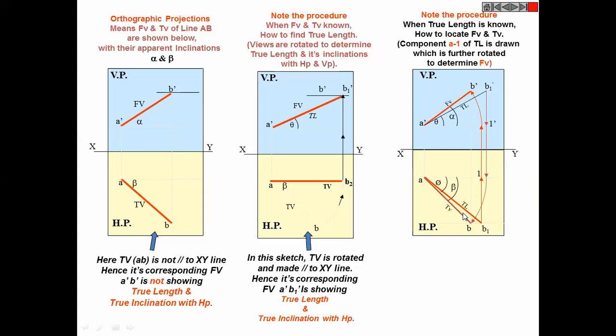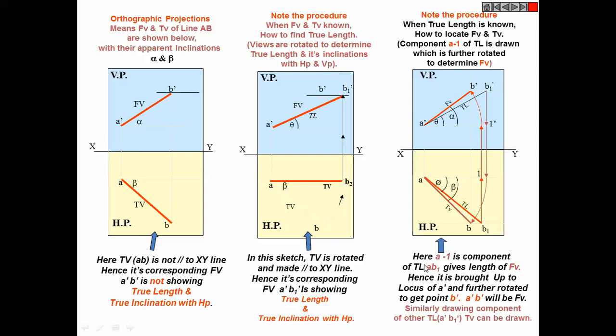Here A1 is the component of the top view. What is the top view? This is the top view, it is given. So it gives the length of the front view. We project it upward, so ultimately it gives the length of the front view. I told you it is reverse.